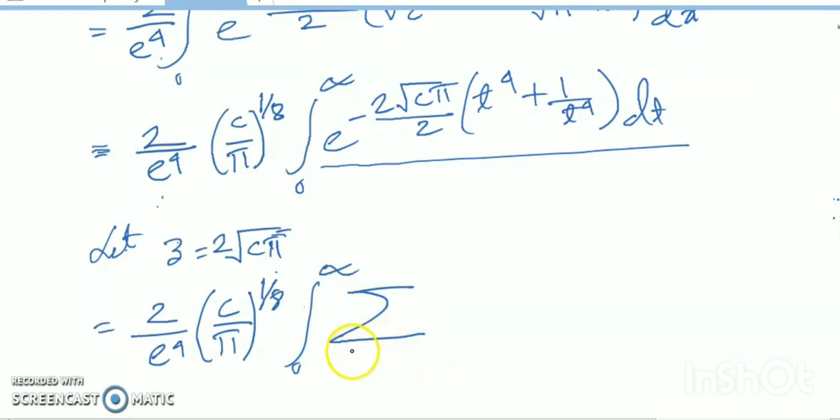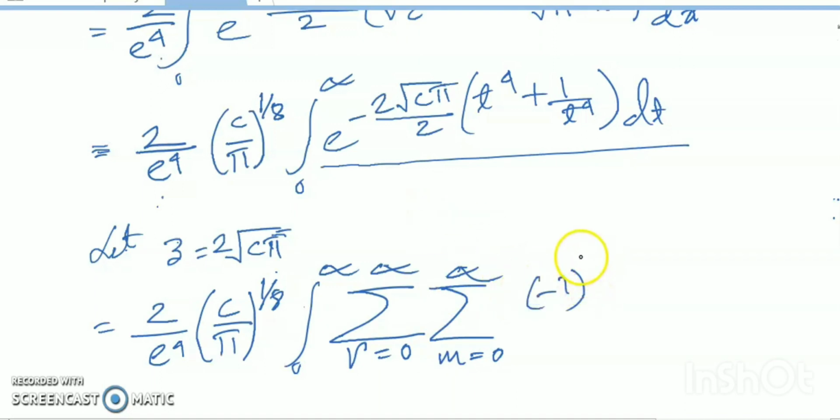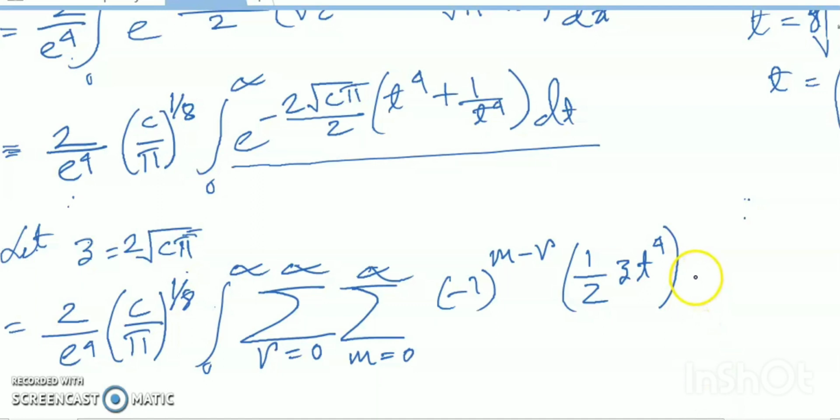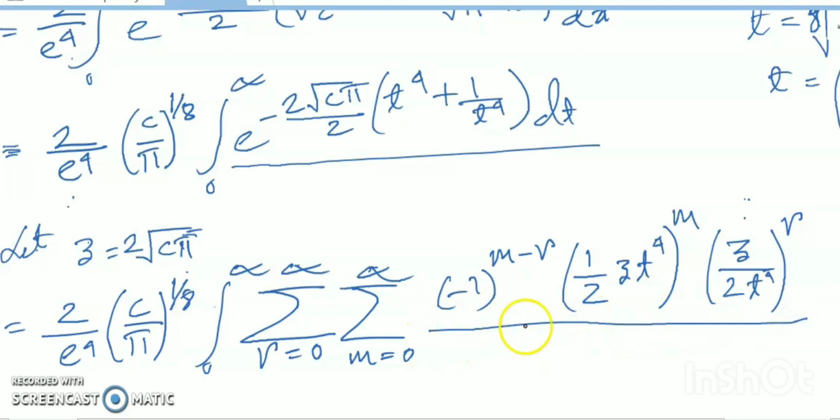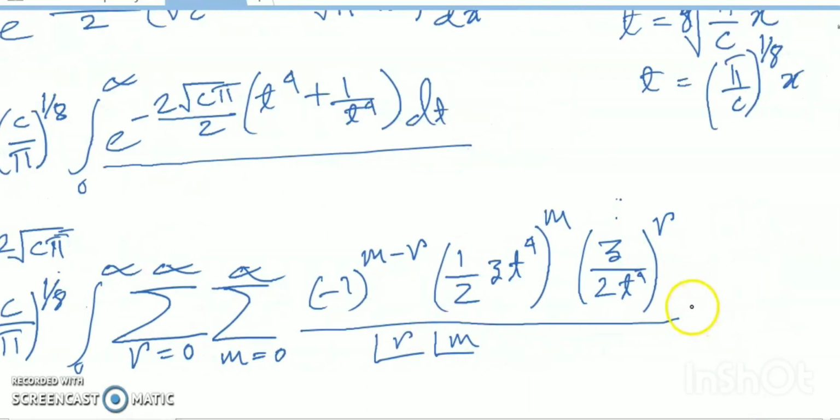So it is a double series: r equals 0 to infinity, m equals 0 to infinity, minus 1 to the power m minus r, and half into z into t to the power 4, into m, and z by 2 into t to the power 4 into r, divided by r factorial multiplied by m factorial, into dt.